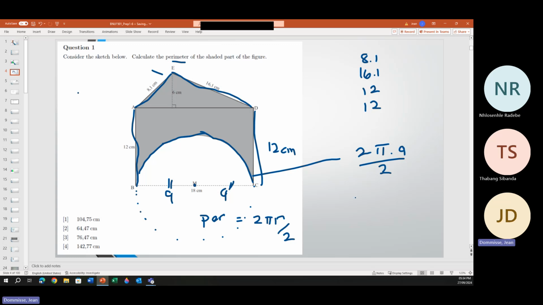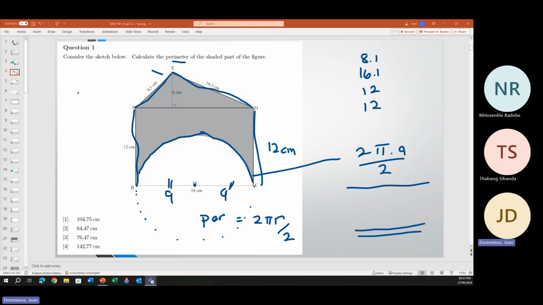So those are the components that we need to add up to get to the total of the perimeter. Okay, so it is 2 times pi, and it's on your calculators.